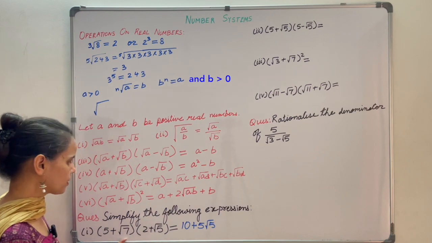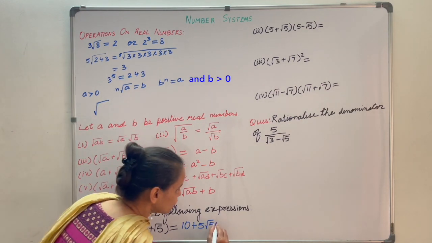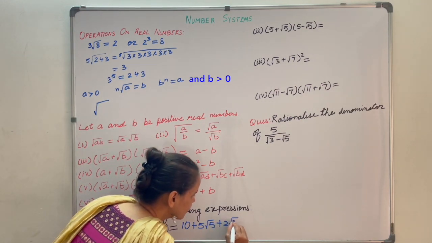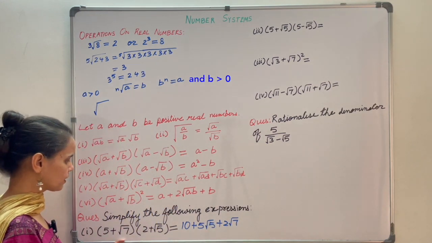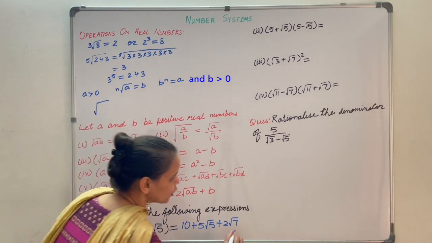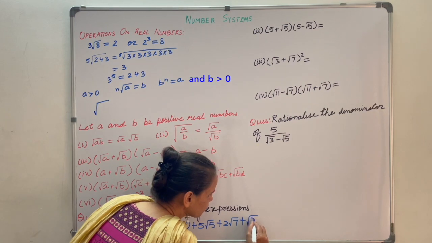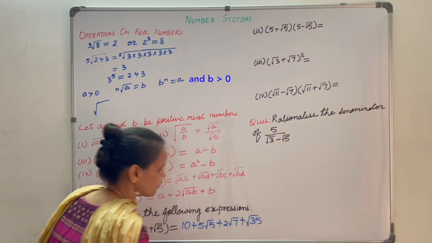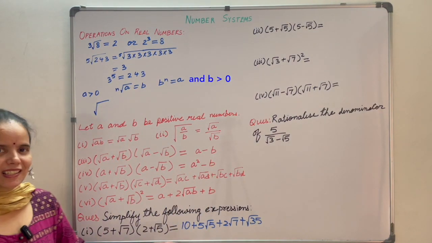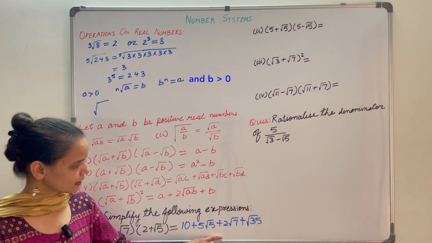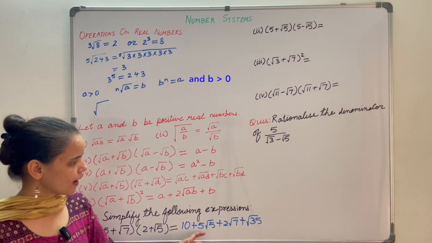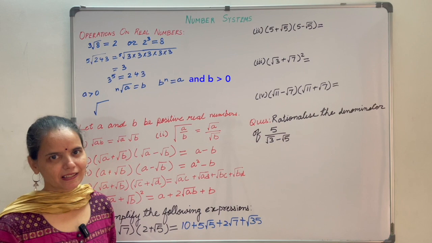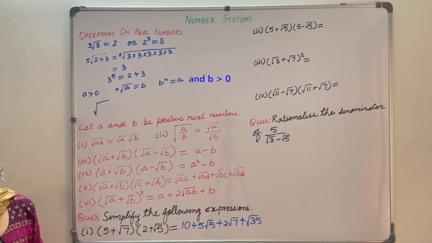Then you multiply root 7 to 2, so you will get 2 root 7. Then you multiply root 7 to root 5, so you will get square root of 35, because 7 into 5 is 35. So you can see that you have written the answer as the sum of a rational number and irrational number. Now let us take the next question.